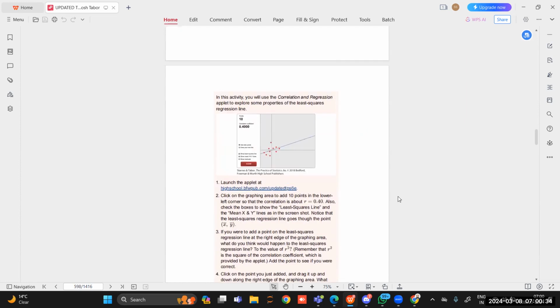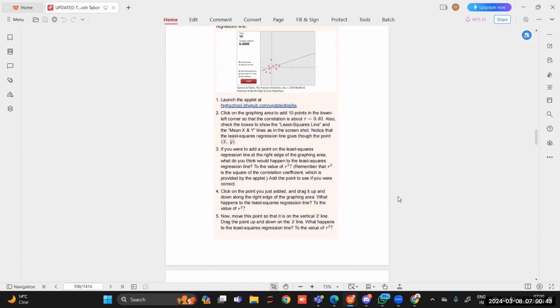What he's telling us is that in this activity you will use the correlation regression applet to explore some properties of the least square regression line. Click on the graphing area to add 10 points, which will plot x bar and y bar.